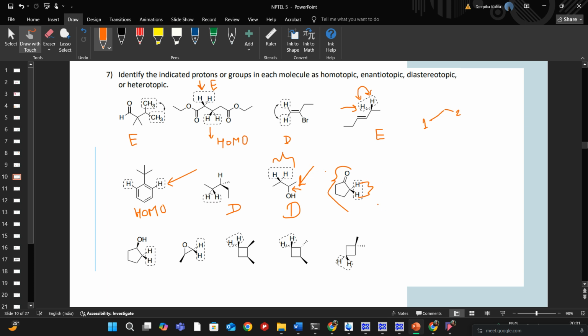Okay, you can also figure out the absolute configurations by replacing the protons by deuterium. And that will make this pair of protons enantiotopic.